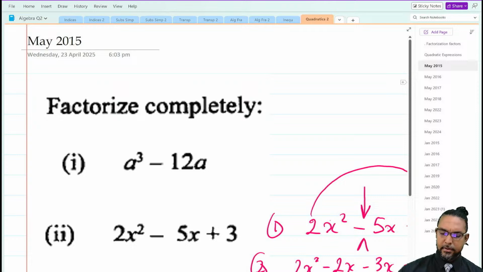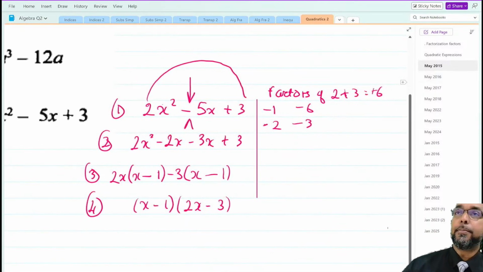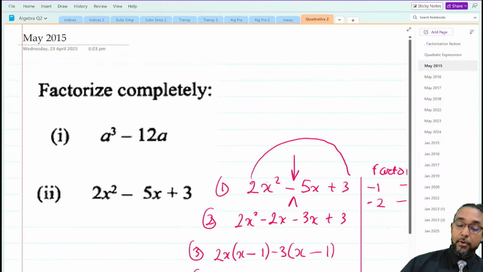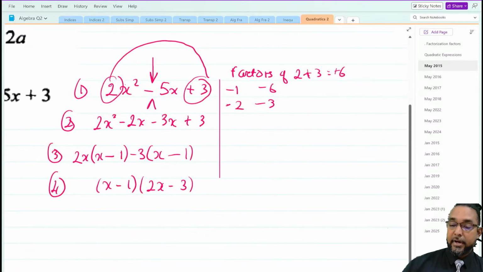So what happens, Kiona, is in the previous ones, we just looked at whatever value this was and found the factors, right? Now what we're doing is we're multiplying this term by that term, and that is what we're looking for the factors of now. That's it.